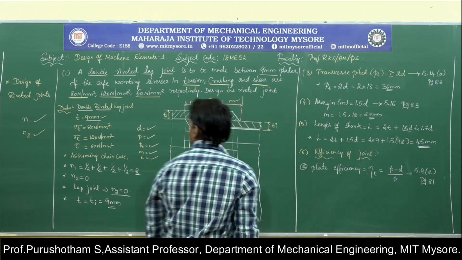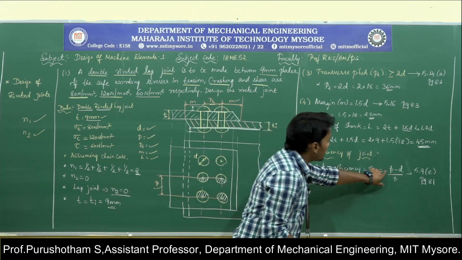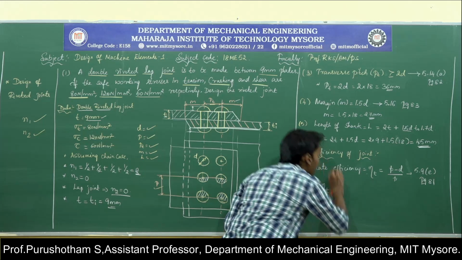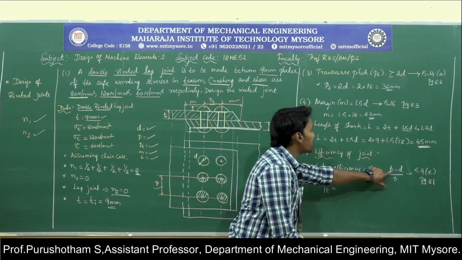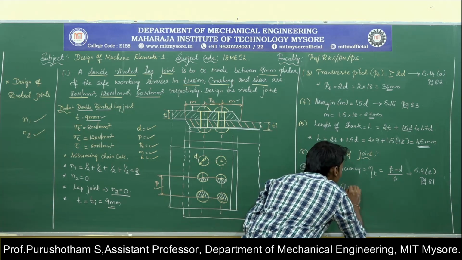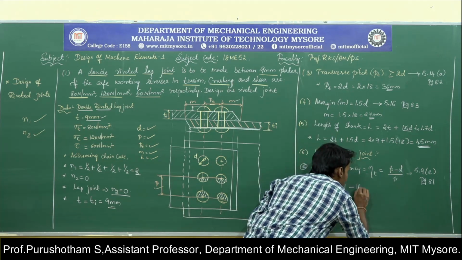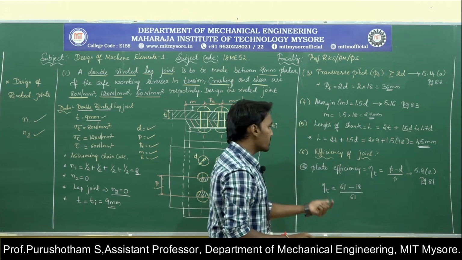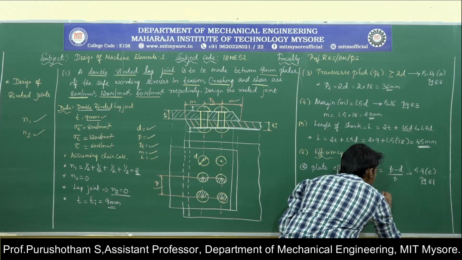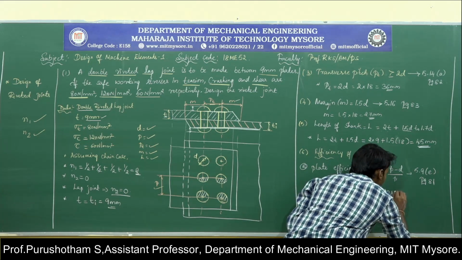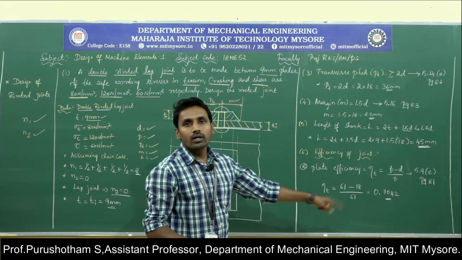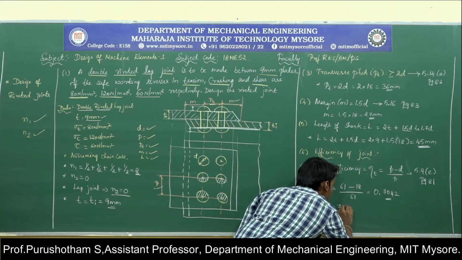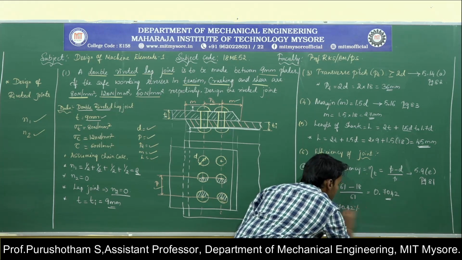Now for the plate efficiency, P is the pitch value, which is 61 millimeter, and D is the standard diameter, that is 18, again with pitch 61 mm. If you simplify this, you will get 0.7042. Multiplied by 100, you get the percentage, that is 70.42%.